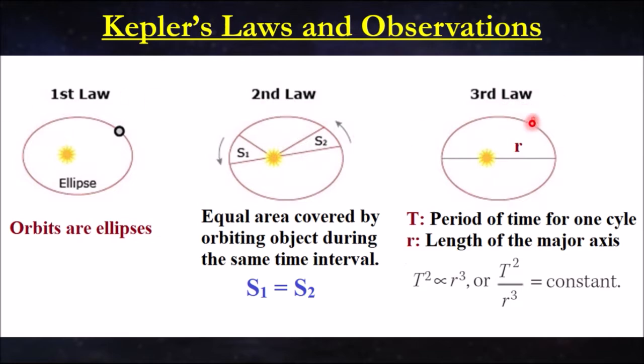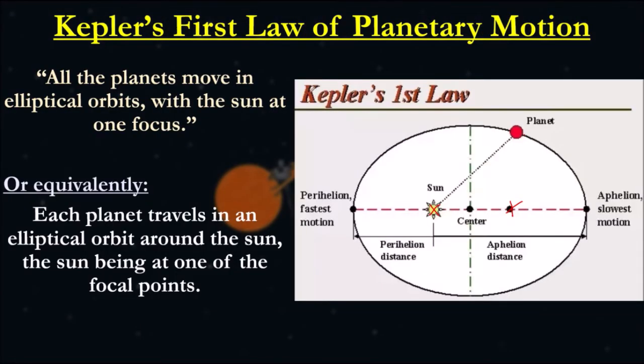And law number 3 is that the period squared of a planet orbiting around the sun is proportional to the length of the semi-major axis cubed. That all sounds a little bit confusing, so we'll go into a more detailed explanation.